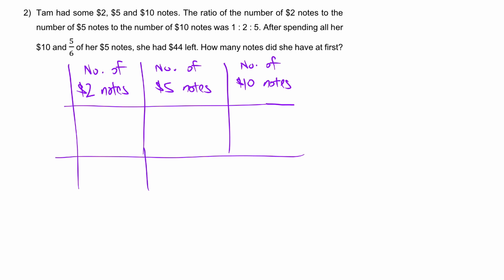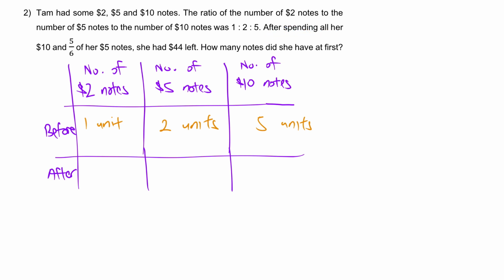And we have before and after. Okay, so what is the ratio at the beginning? 1 unit, 2 units, 5 units. So we have 1 unit, 2 units over here, and 5 units. This is what we have at the beginning.